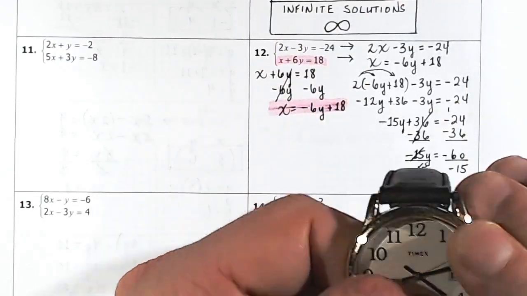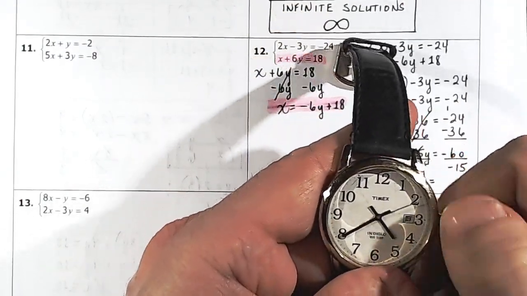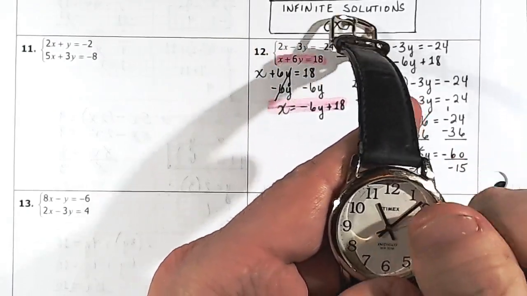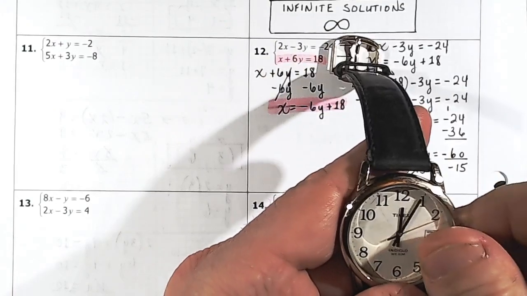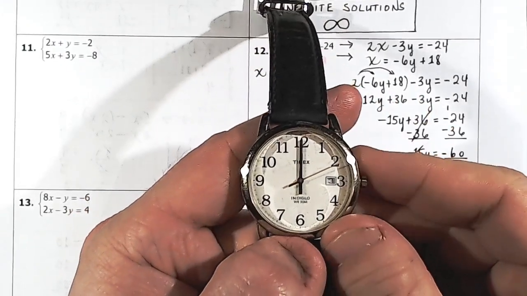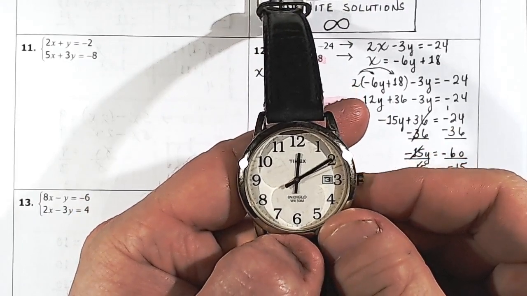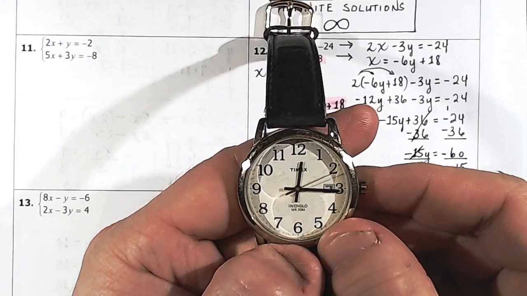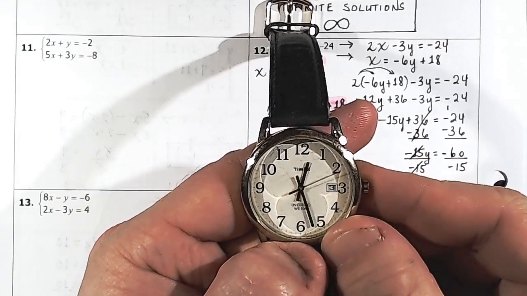Look. Watch this for a second. All right. Watch the clock. 15 minutes is going to pass. All right. There. That's 1/4 of an hour. Now 30 minutes has passed.